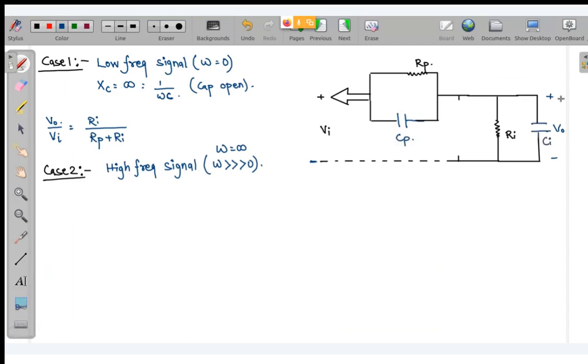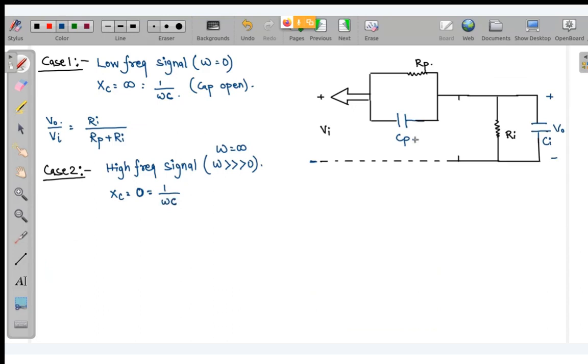So now you can see one thing, that the moment I do this, what is going to happen? Xc will be equal to 0. Why? Because capacitive reactance will be 0, as your capacitors are going to short.